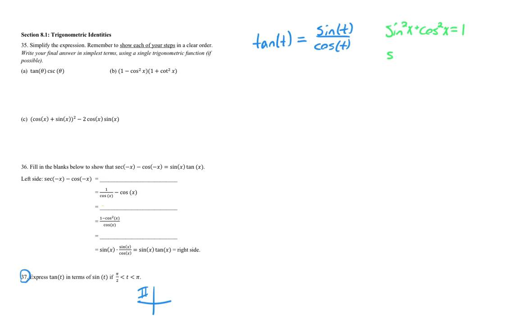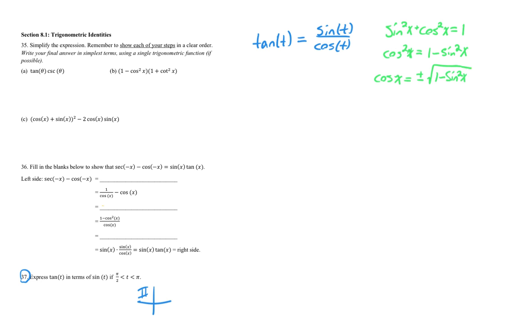So then sine squared x equals 1 minus cosine squared x, but we want just sine. Sorry, we need to solve this for cosine, not sine, because cosine is what we want to replace. So cosine squared x equals 1 minus sine squared x, and then we can take the square root of both sides. So cosine x is going to be plus or minus the square root of 1 minus sine squared x.